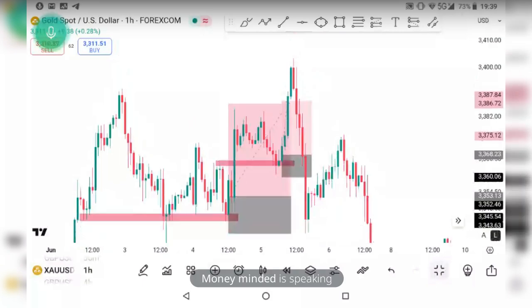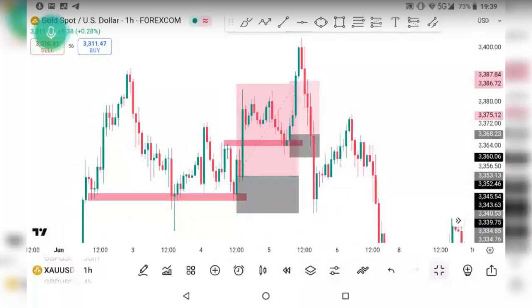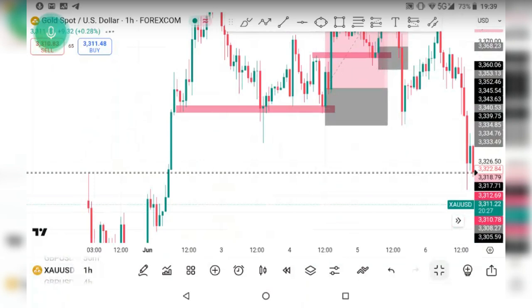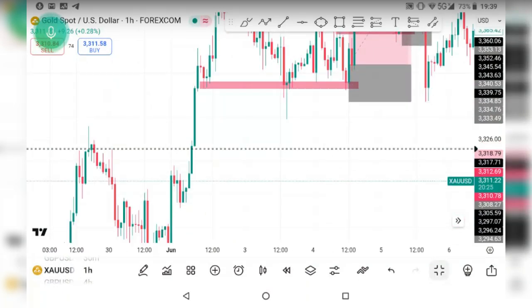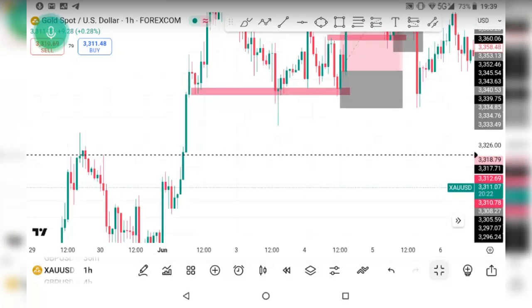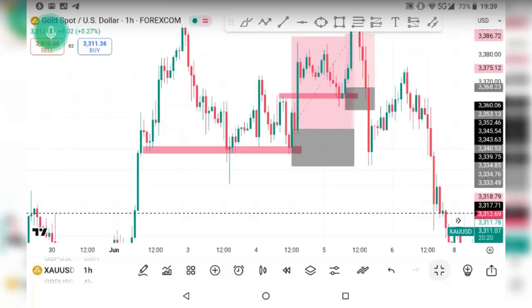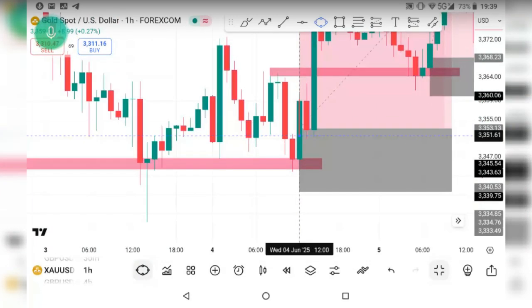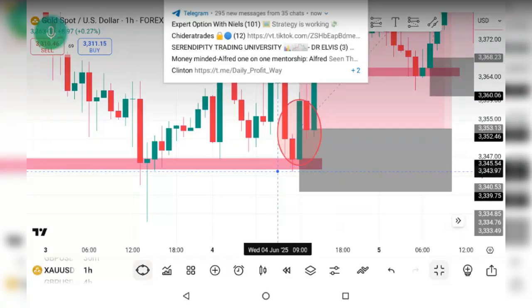So let's look for one last bullish engulfing. Let me zoom this out so you can actually see it clearly. You can see how this green candle engulfs this red candle.